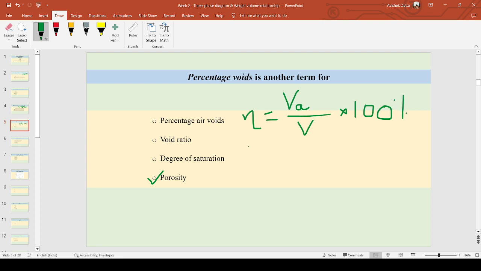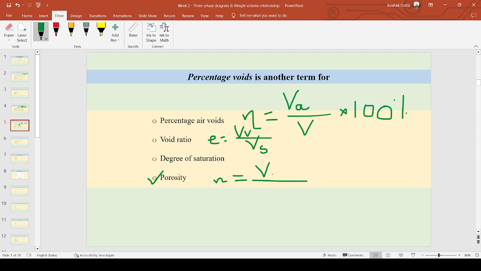What is void ratio? Volume of void upon volume of solid. Yes, Vv by Vs. This one we have already covered, degree of saturation. What is porosity? Porosity n equals volume of what?